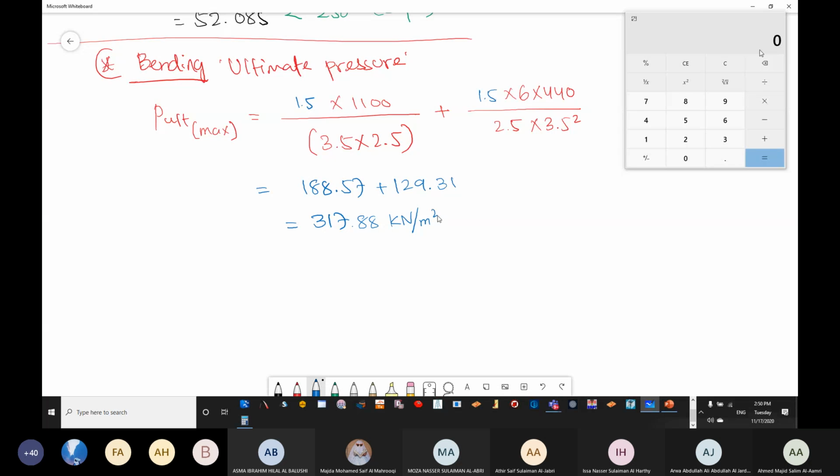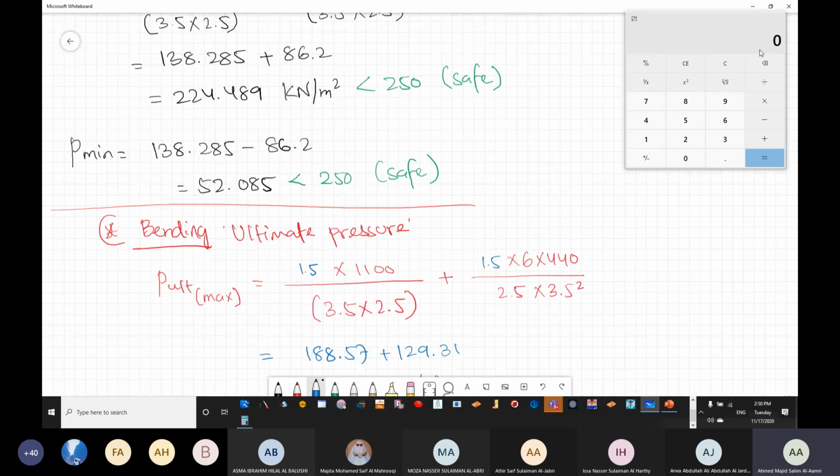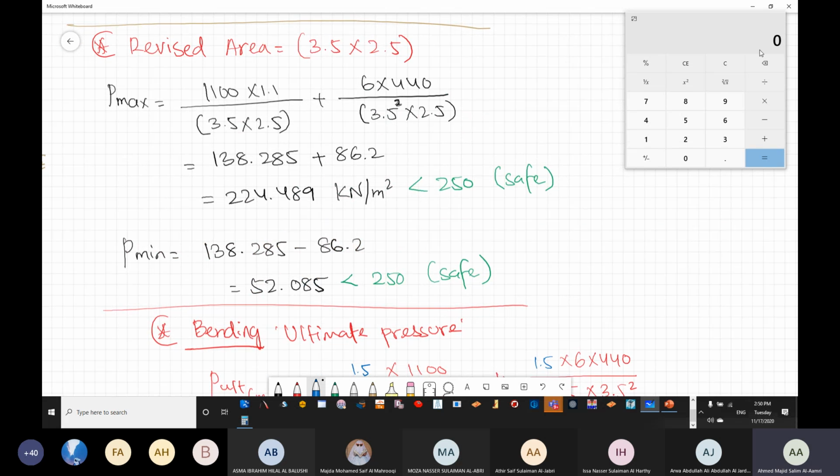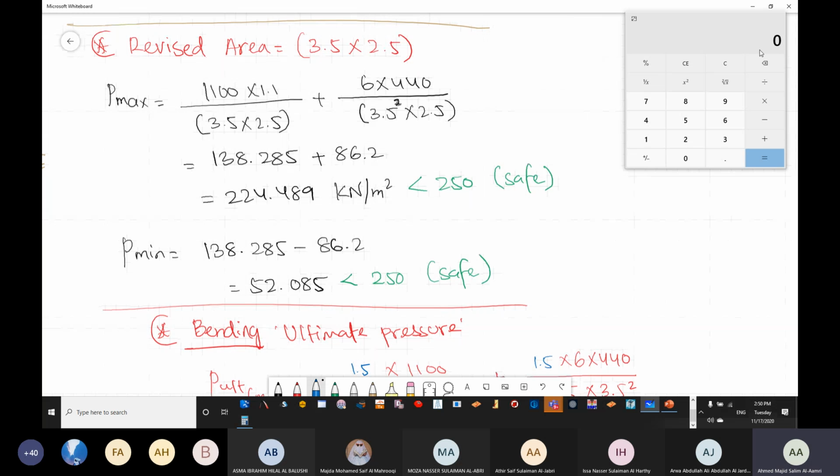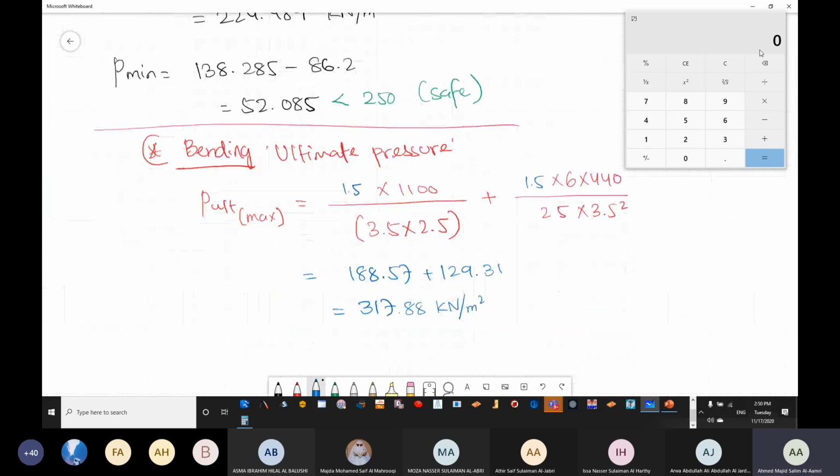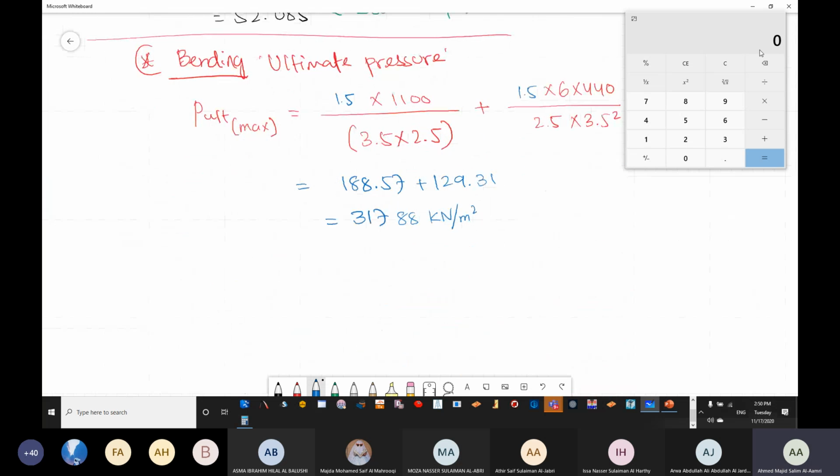Once again, the actual pressure which is going to be happening from the loading is 224. But when we design, we are not going to design for 224. We design for something higher. That's why we are having a value which is 317.